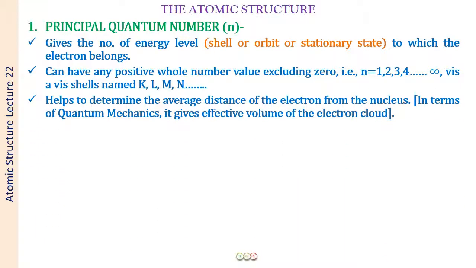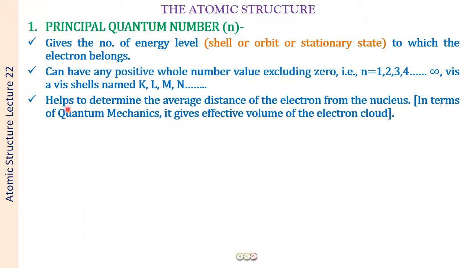Now, apart from telling the number of the energy level, the principal quantum number helps determine a lot of things that you have studied while we were discussing the Bohr's orbit mathematical expressions. Mathematical expressions for radius, energy, all that you have learned is going to be told by this principal quantum number. So this helps to determine the average distance of the electron from the nucleus.